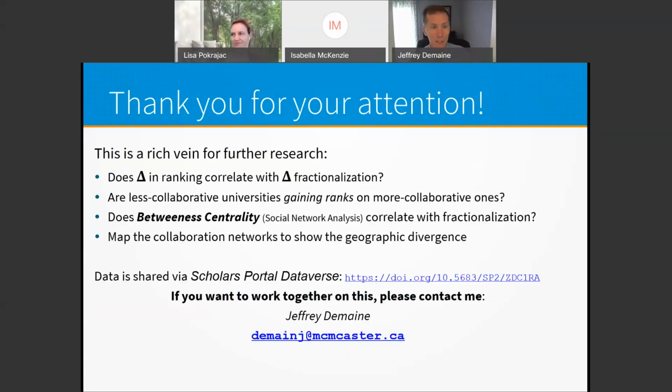But there's no such trend in the global south, which tells me that science is splitting into two different camps. There's a highly connected north, where everyone's collaborating on everything, such that you really can't tell Harvard apart from anyone else, and a separate, distinct south, which collaborates a bit, but is kind of removed from this other network. So the surprising thing from this research is that fractional counting can be interesting.